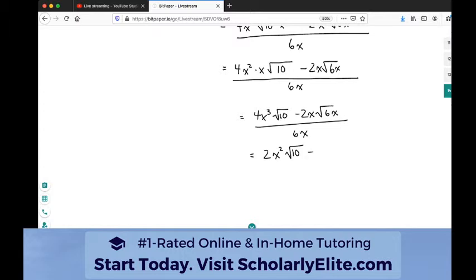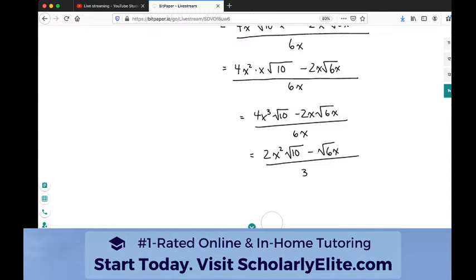And then here, we're just going to have minus root 6x. And then here, we're left with 3x. Oh, sorry, just 3. Okay, so there we go, you guys.